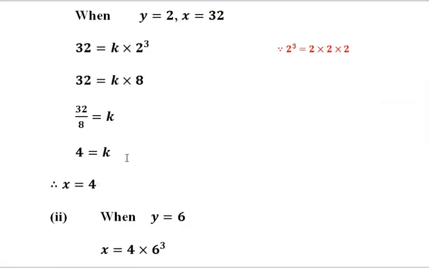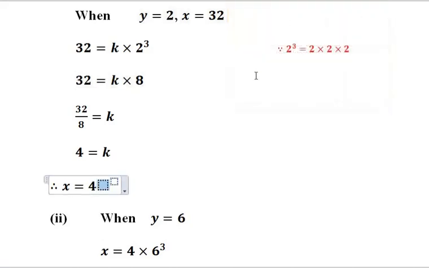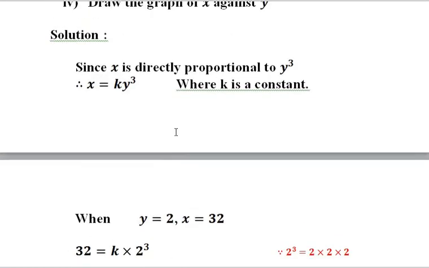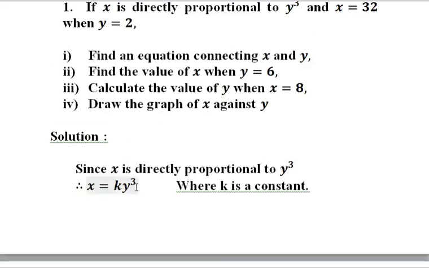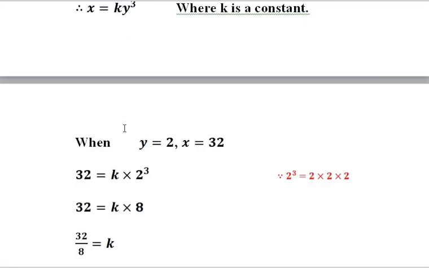Sorry, let me correct this equation. 4y cube. So this is the required equation connecting variables x and y.